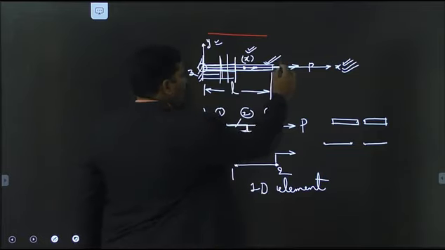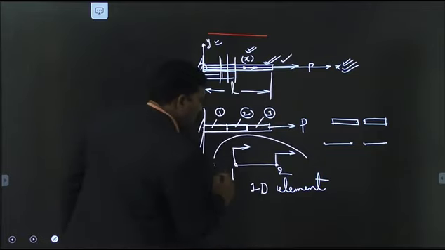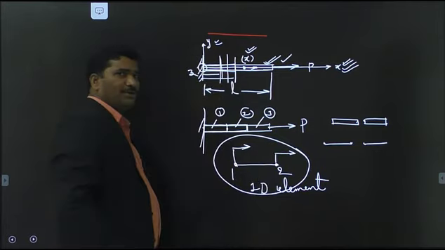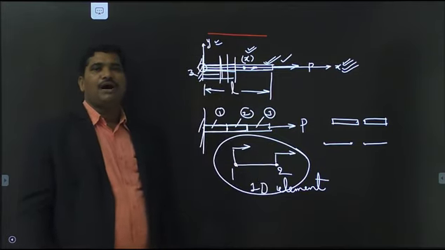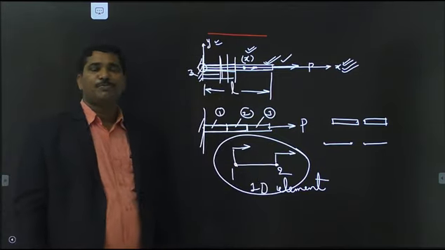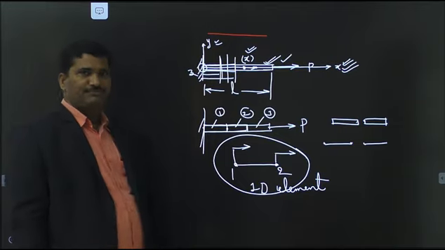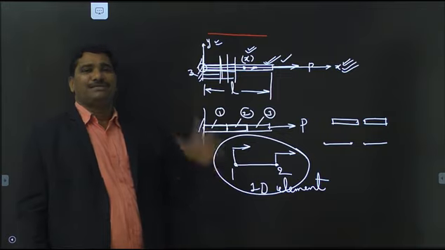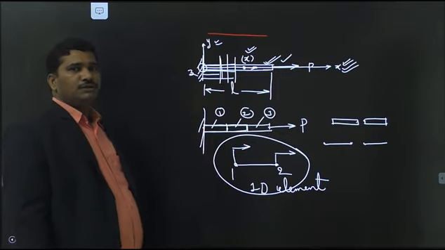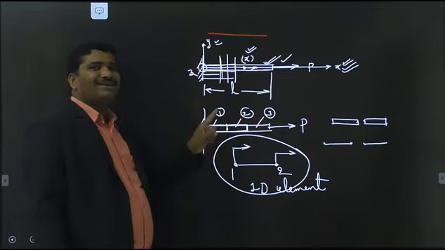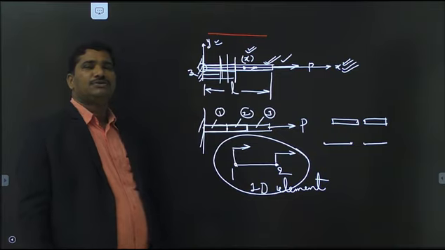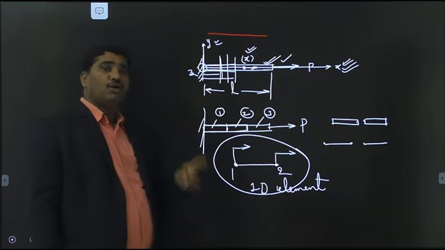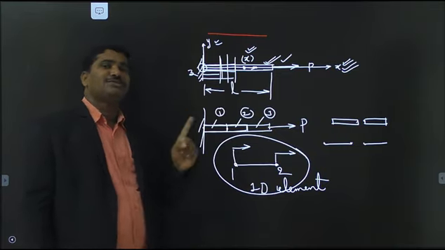To solve problems of this type, you can consider a one-dimensional element. You can say one-dimensional bar element also. Some people say truss element. It is a one-dimensional truss element having 2 degrees of freedom, with 1 degree of freedom at each node.